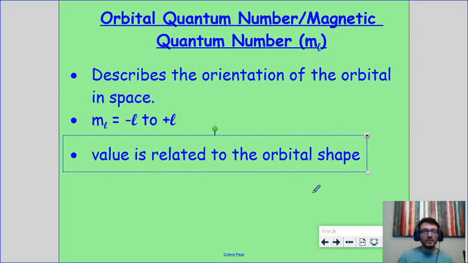Okay, your third quantum number, or your magnetic quantum number. This just refers to the orientation. Now, if you take a beach ball, take a sphere, and you spin it, you rotate it, that ball isn't going to change the way it looks.